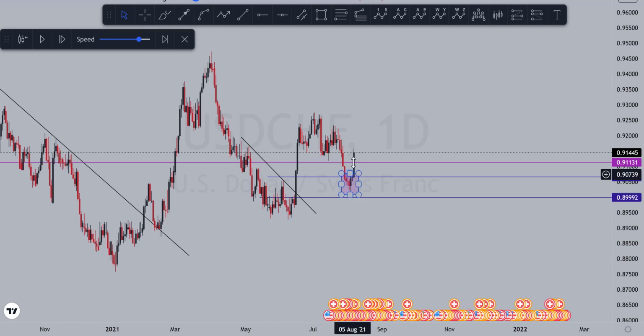Then you want to make sure that the first impulse breaks structure on M5. Then after the first impulse breaks structure on M5, you look to take the trade if the price retraces back to the order block that led to the break of structure in M5.